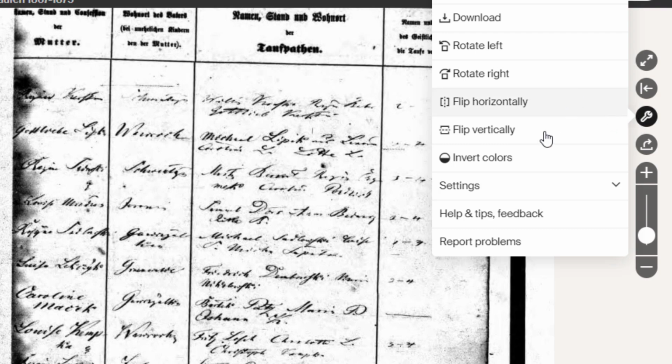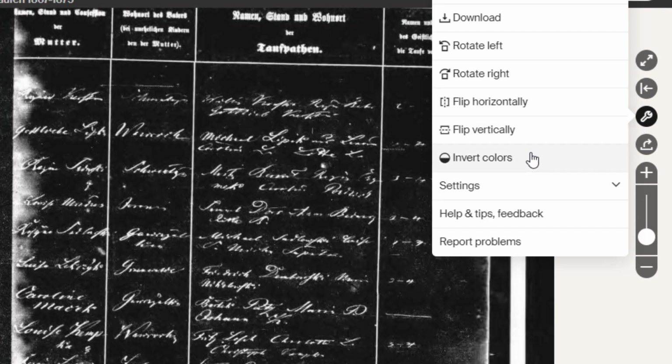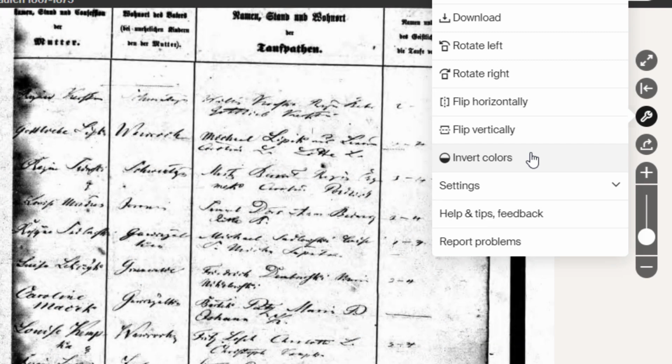And one of my favorites is when you can turn it into a negative image. Sometimes those words just pop out in a way that they were not as clearly visible by just looking at the original scan. I downloaded this digital scan from a website several years ago. It's kind of hard to decipher, so it was worth going back and finding it on another website. And indeed, I did find a clearer copy.